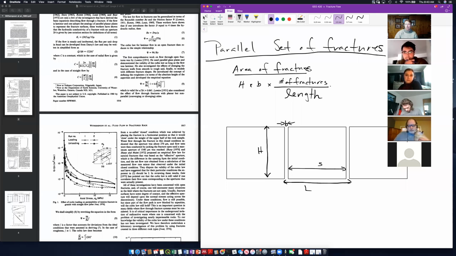Now let's define the number of fractures per unit length to be N. Then my area of fractures is now H times B times N. And we'll call that A sub F, or the area of fractures.